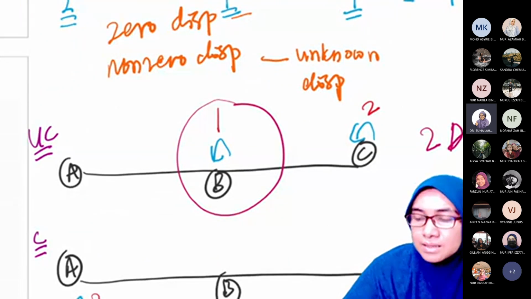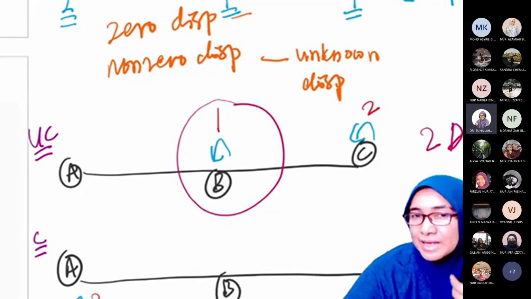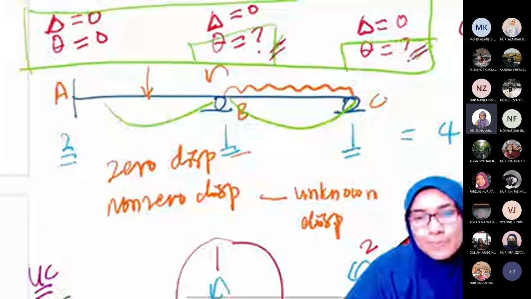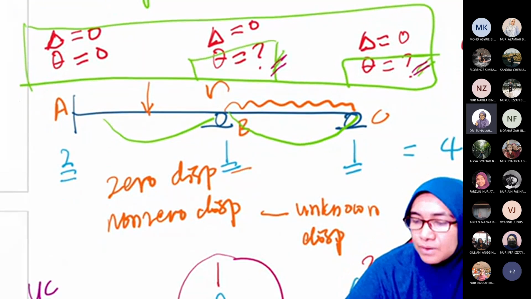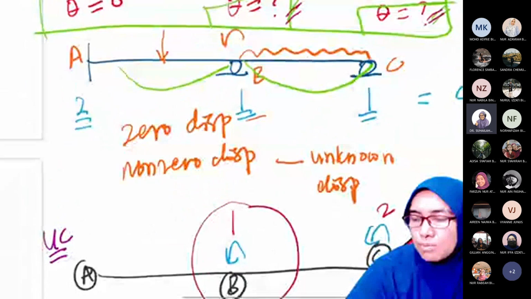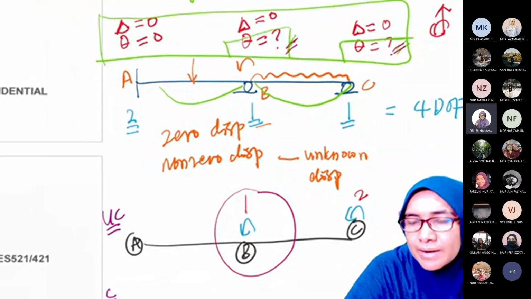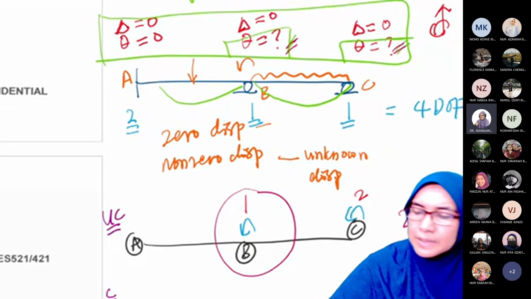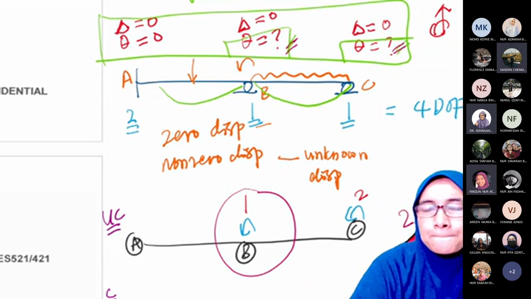In this diagram, the Z direction labeled as 1 represents what? Compare both. Is D1 representing delta or theta?